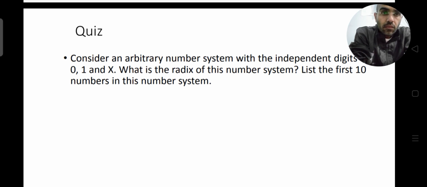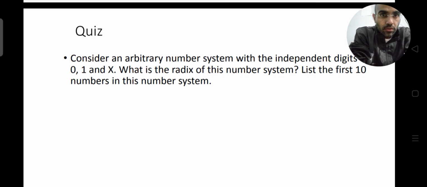Based on what we have learned so far, we will discuss a numerical, and I expect you to do this numerical.